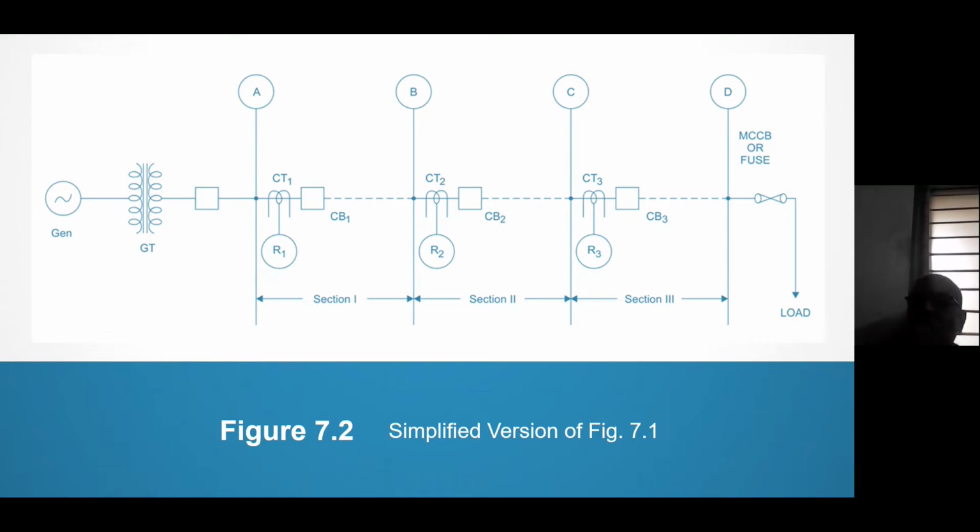So how can I discriminate? I have to find some electrical quantity, obviously, because this is electrical, to discriminate whether the fault is in line CD or BC or AB or on the load side.